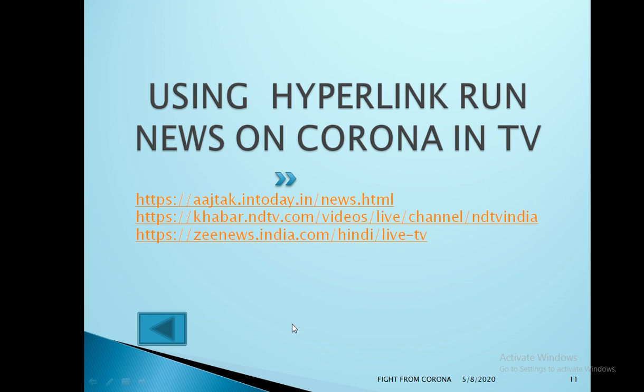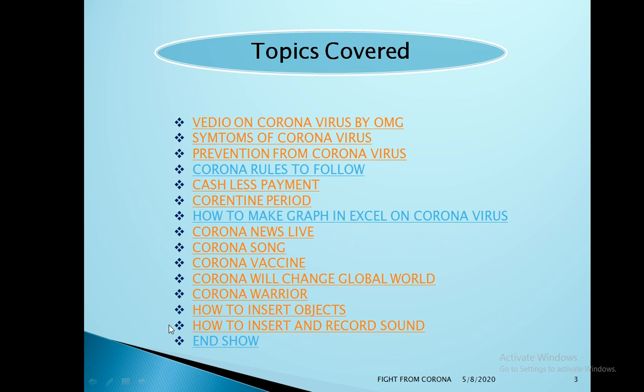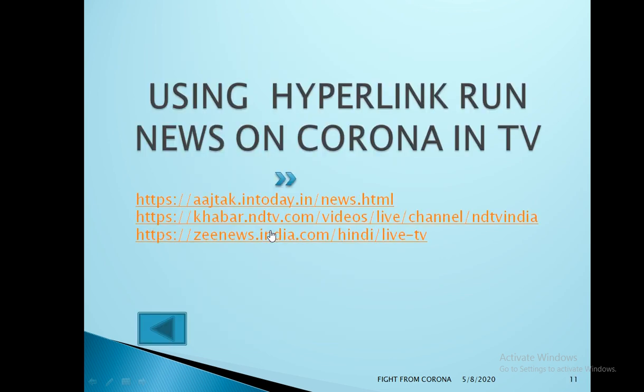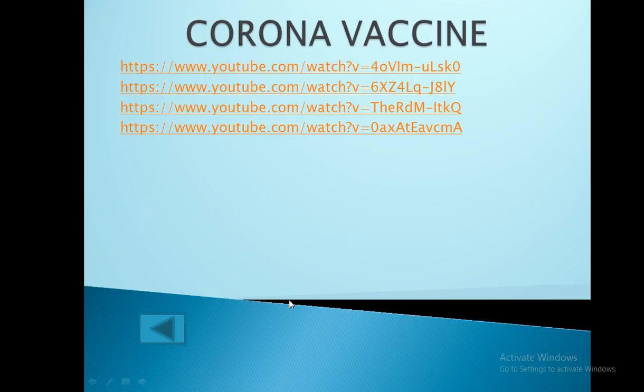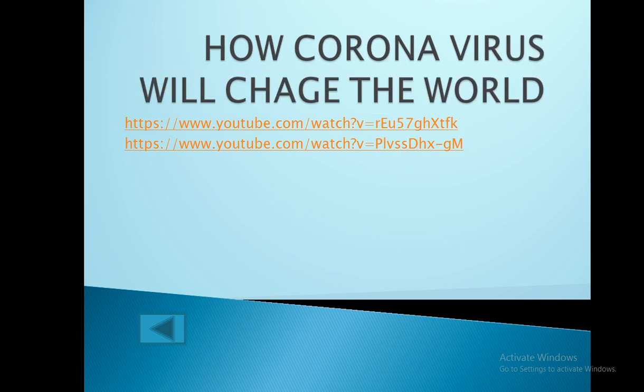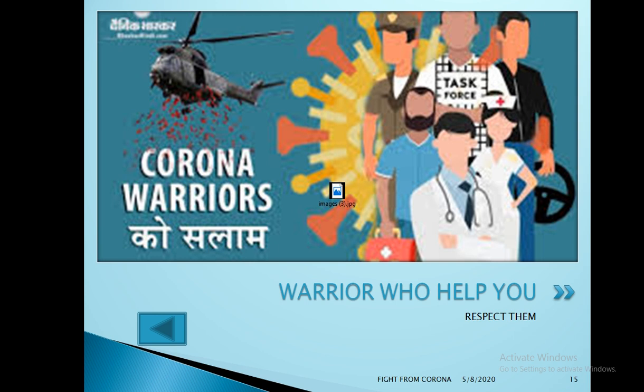Next, I have made the hyperlinks, and I will tell you how to make a hyperlink. Then a hyperlink for the news, a hyperlink for the song, a hyperlink for the vaccine which is going to be developed, then a hyperlink for the news in which people said how the world will change after corona, and then the warriors who are supporting us to get rid of this disease.